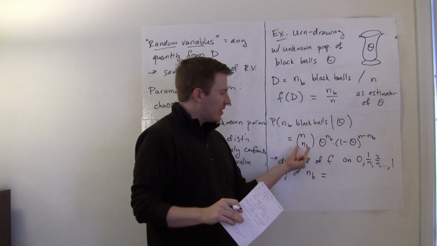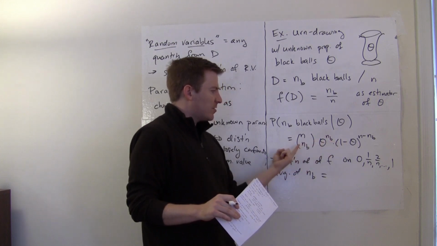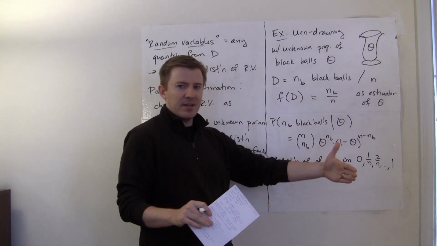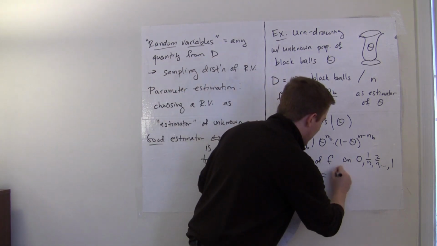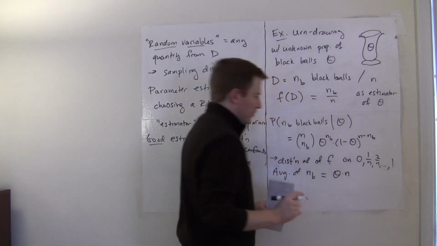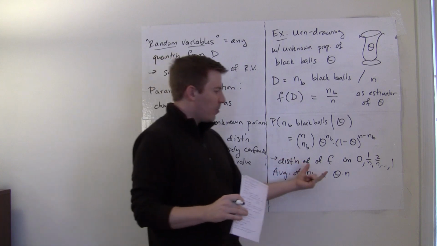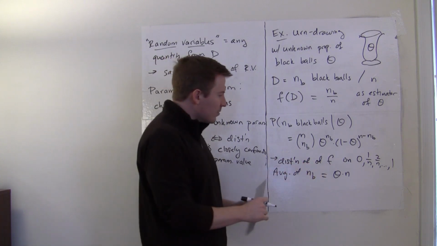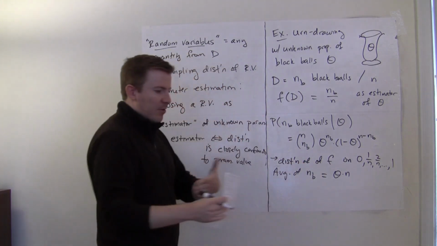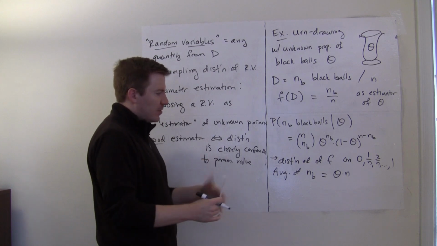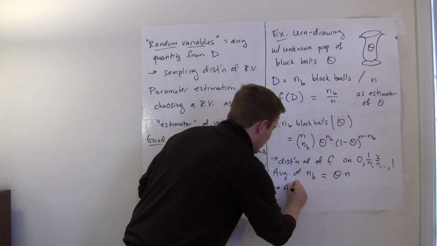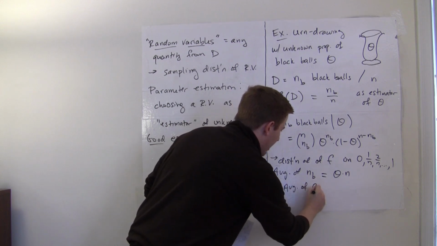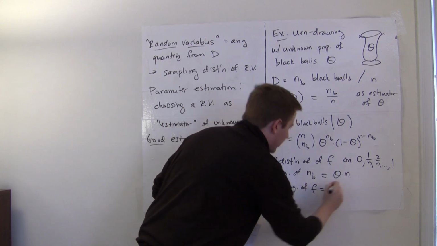If we take the weighted average over this distribution from 0 to little n, the average of that distribution is actually theta times n. That's just a property of the binomial distribution. And so if we scale that down and talk about the distribution of f, the average of the value f is this number theta.